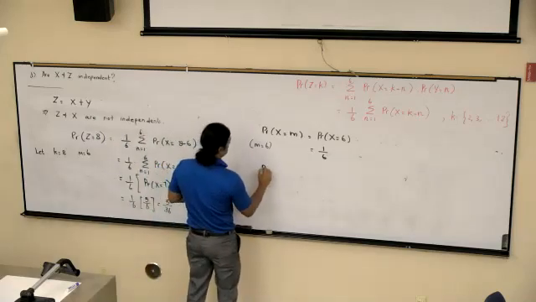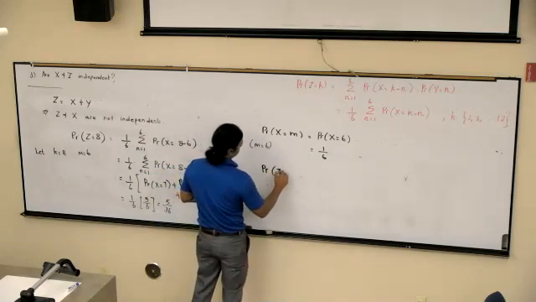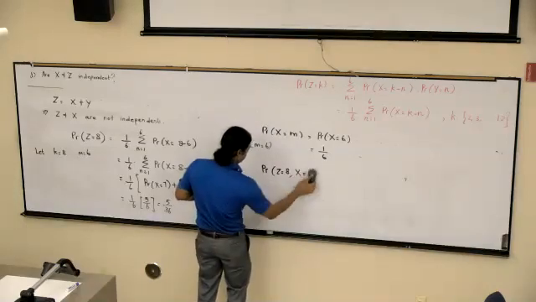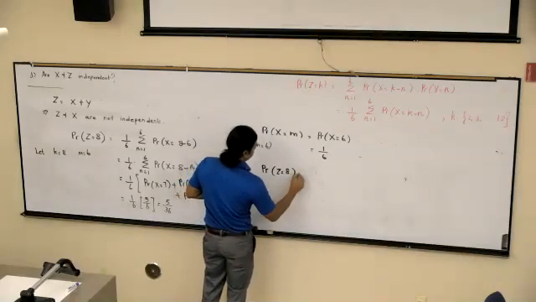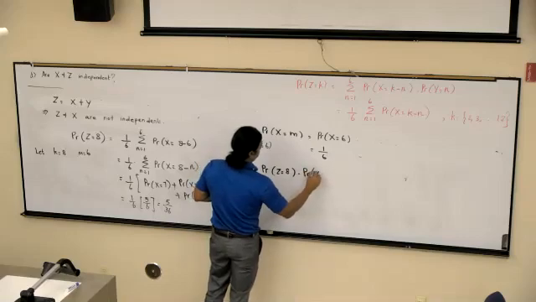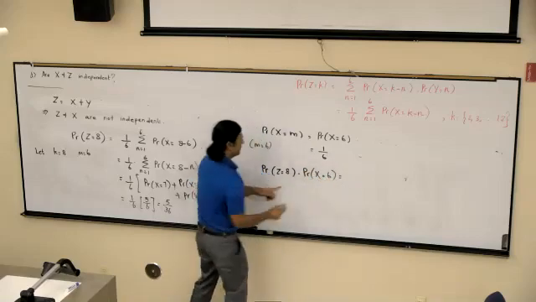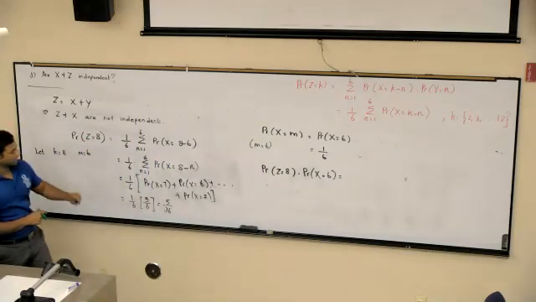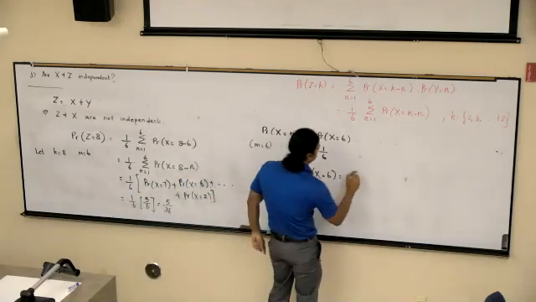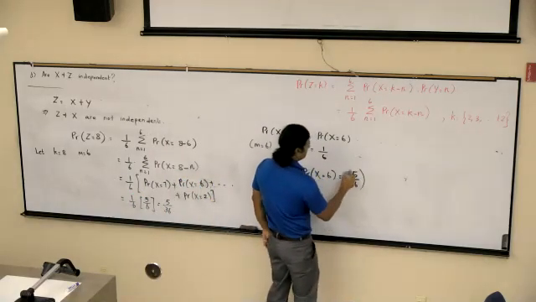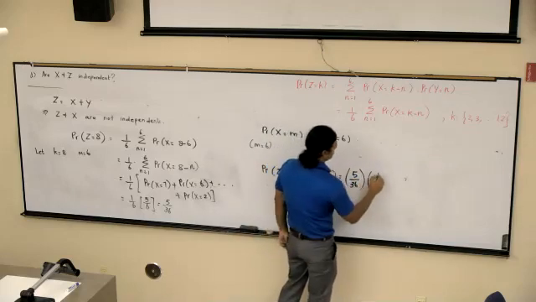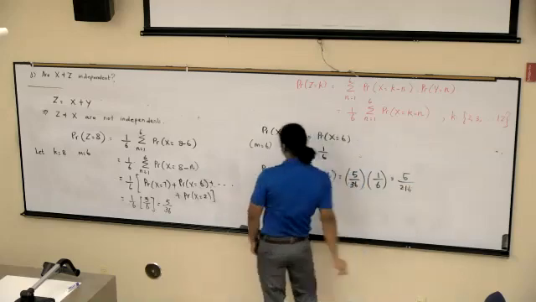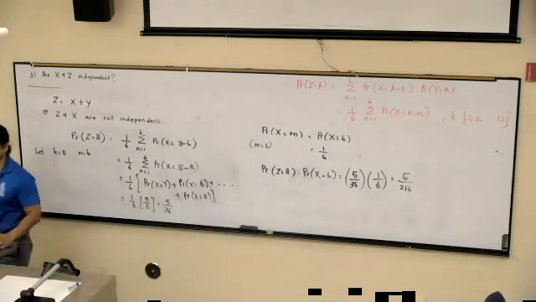I'm going to multiply them, probability that z is equal to 8 and x is equal to 6 individually. And what would I get? Probability z is equal to 8 is 5/36. Probability that x is equal to 6 is 1/6. I get 5/216.